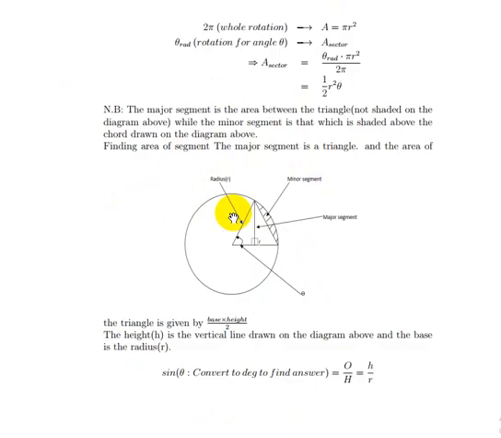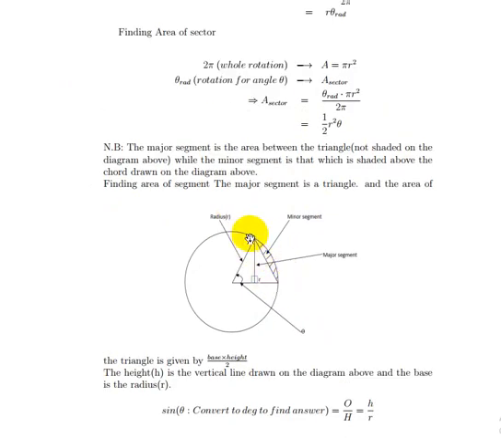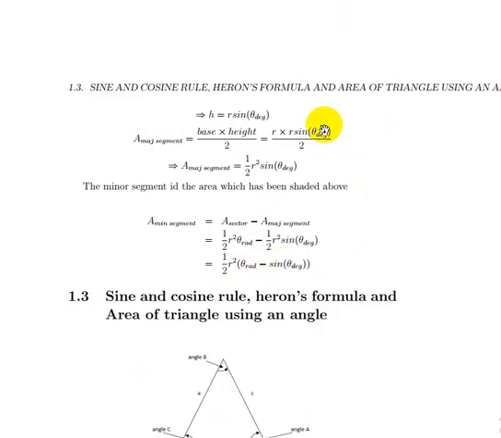Now the area of minor segment, as you can see here, is the area of the whole sector minus area of major segment. And area of whole sector was half r squared theta, and area of major segment is half r squared sine theta in degrees.